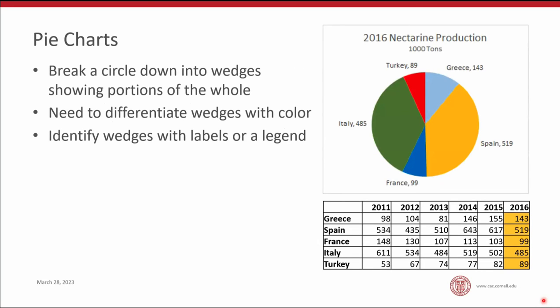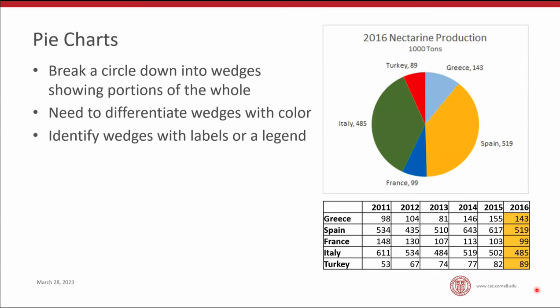Here's a pie chart for, assume Europe was made up of, there were only 5 nectarine producers in Europe. So we can show the whole of nectarine production in Europe in one pie chart. And each country gets a wedge that's sized to represent its portion of that. So that's not so bad.